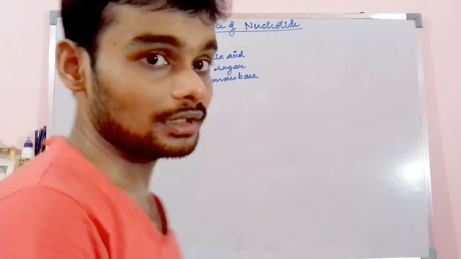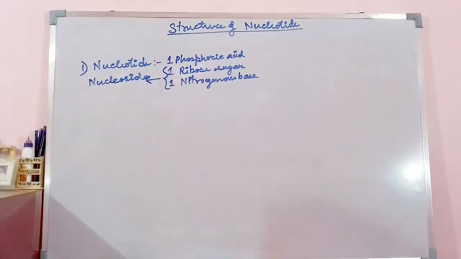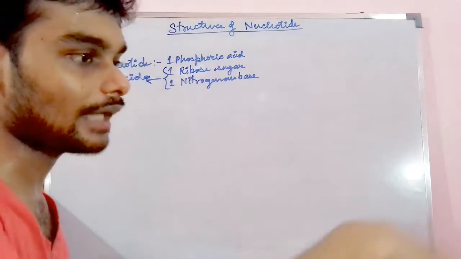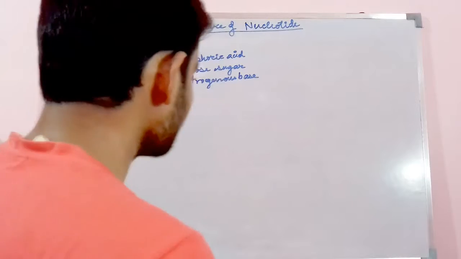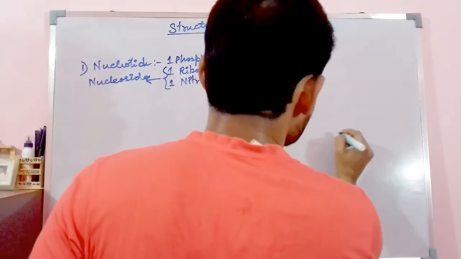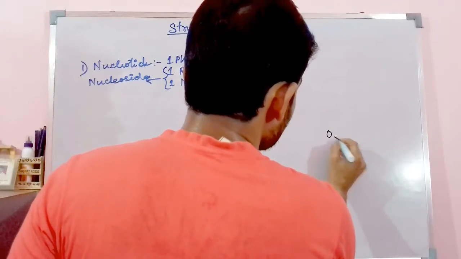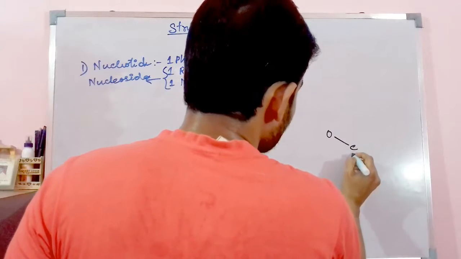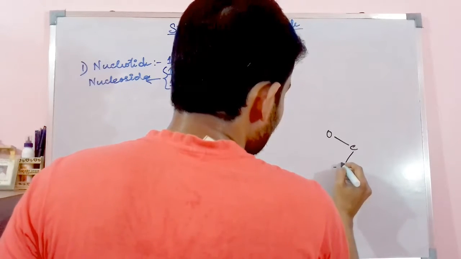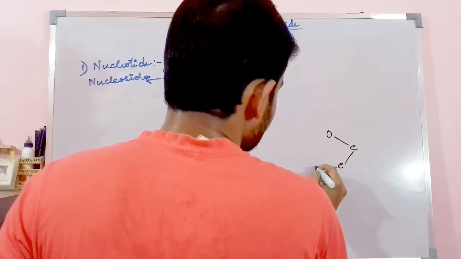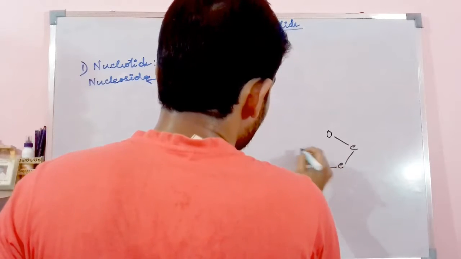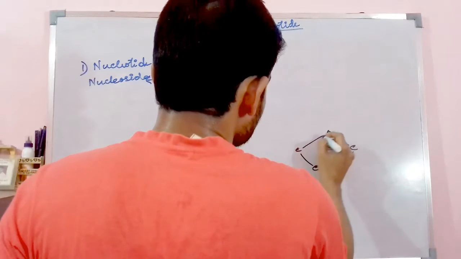Now let me draw the diagram. We know that a ribose sugar, in the anomeric ring-like structure, looks like this. Okay, this is what a ribose sugar looks like in the anomeric ring-like structure.